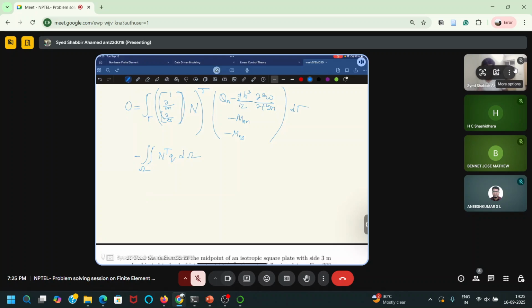Q is the surface distributed force which is acting on the plate surface in the transverse direction, and this is the notation which we are using. I'll tell what these notations are.